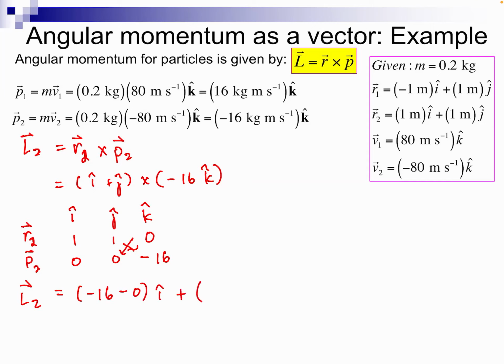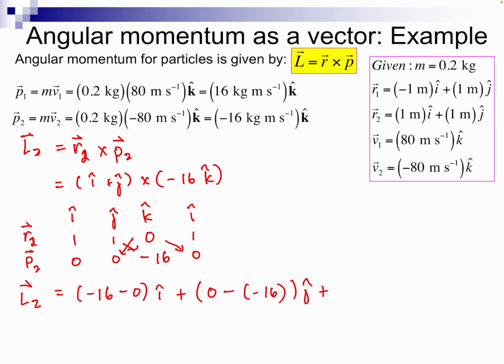For the j hat component, you block the j column and get the determinant between k and i hat, so you can propagate the i hat column after the k hat and get the determinant. So you have 0 times 0 is 0, minus 1 times minus 16 is 16.